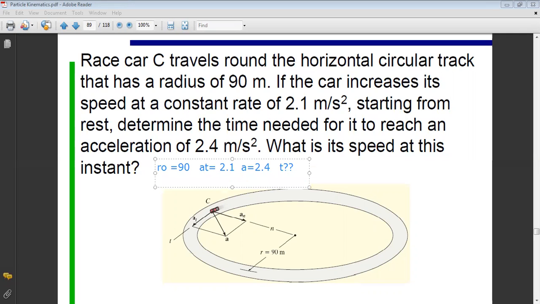So first, a squared, the total acceleration squared, is equal to an squared plus at squared.